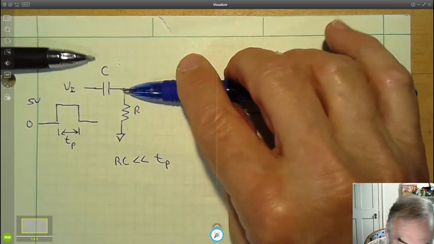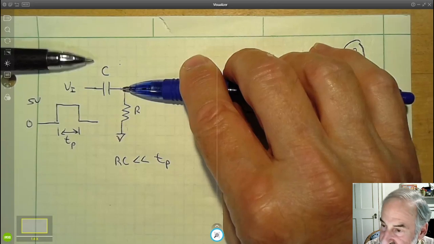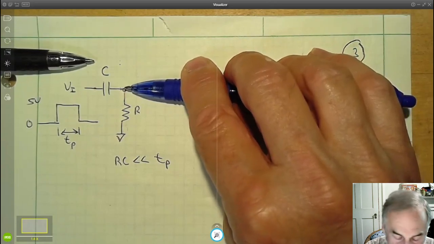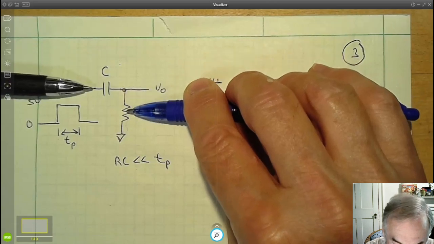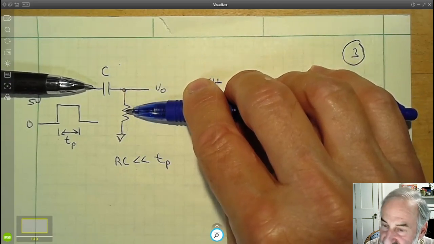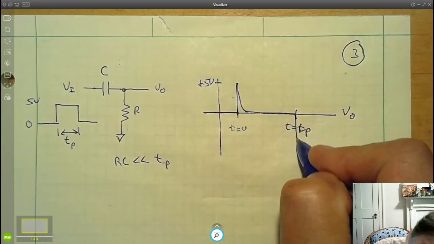Well, remember, the voltage across the capacitor cannot change instantly. This voltage has 5 volts across it. 5 volts on the left side, 0 volts on the right side. If the left side drops down to 0, the only way to maintain 5 volts across it is for the right side to drop down to minus 5. And indeed, that's exactly what happens.